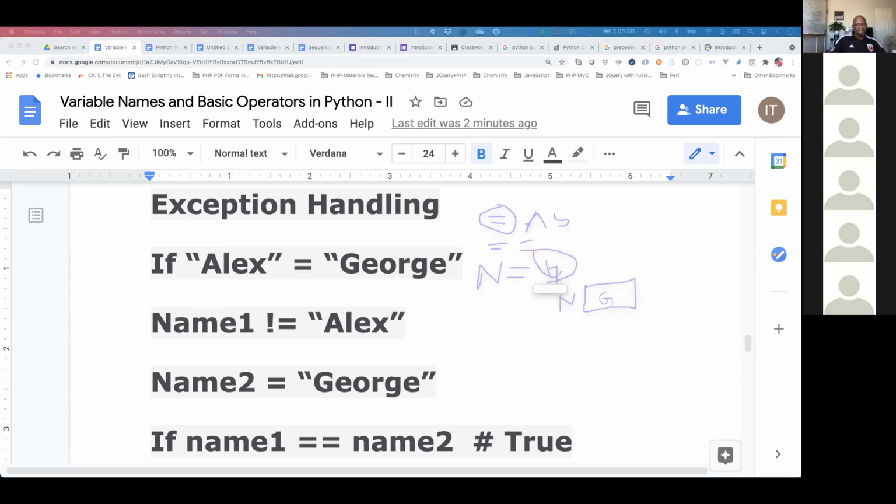But when we use the double equal sign, we are talking about a relational or comparison operator, like Monica explained.